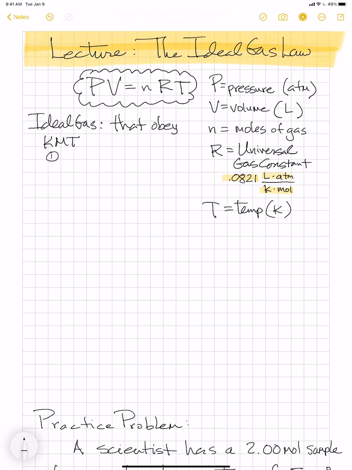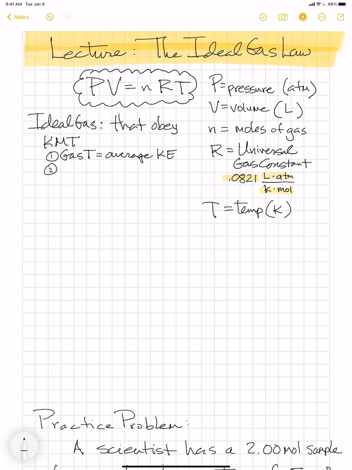So for number one, things that you might remember about the kinetic molecular theory is that a gas's temperature is equal to the average kinetic energy of the molecules that are in it, okay?